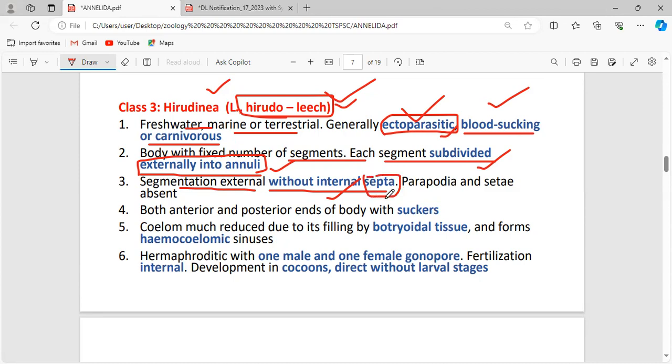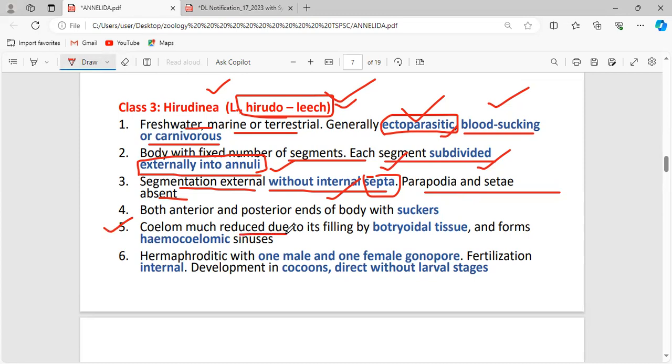The partition cannot be seen from the inside; we can see the segments or the separation only from the outside. So the internal partition, or septa, is absent in this leech. Parapodia and setae are again absent. Both anterior and posterior ends of the body have suckers. Only with the help of these suckers can it attach to the body of humans or any other host. Only then can it suck the blood from the body.